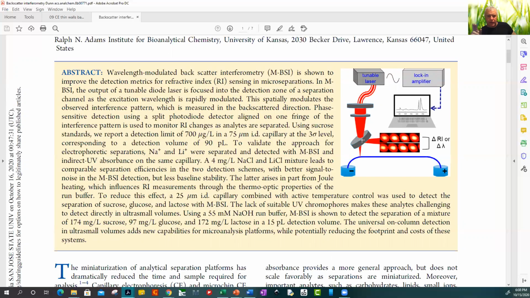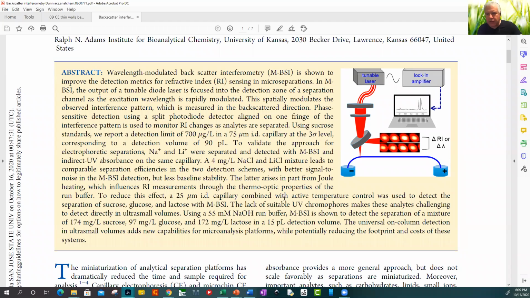There's basically two reflections. There's a reflection off the top surface and the bottom surface of the capillary. And there's a little bit of light that goes through the liquid. And those two beams recombine, and then they create an interference pattern on a little detector out here. And they actually use a split photodiode when they're doing the actual work there.